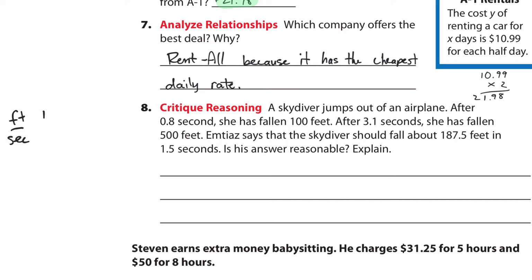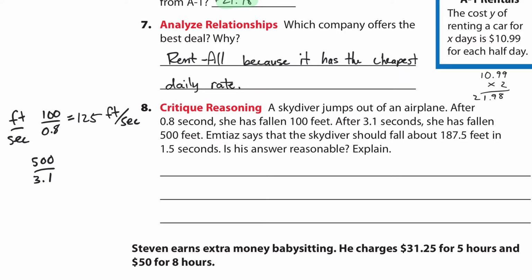She goes 100 feet in 0.8 seconds. Now I've got a calculator here, and 100 divided by 0.8 is 125 feet per second. That's the speed. So let's compare the next one. After 3.1 seconds, she goes 500 feet.